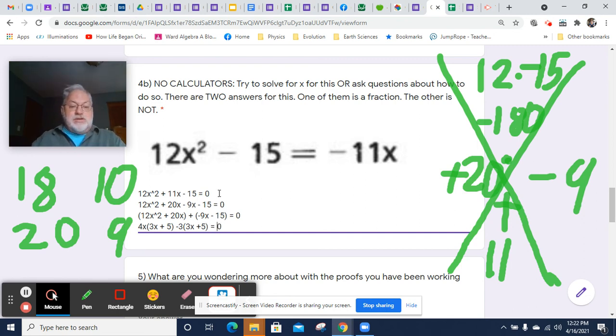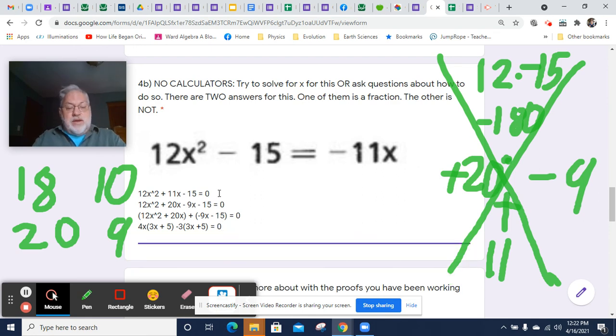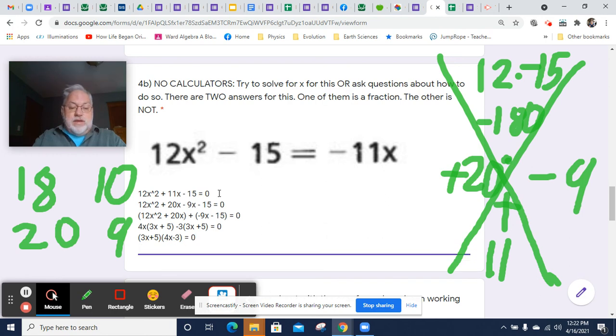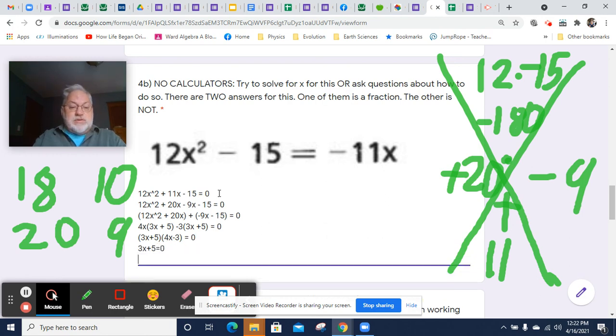And now I have matching factors there, so I can use the distributive property and say 3x plus 5 times 4x minus 3 equals 0. So I just got to figure out what x value makes 3x plus 5 equals 0, and what x value makes 4x minus 3 equals 0. We'll go ahead and solve that.